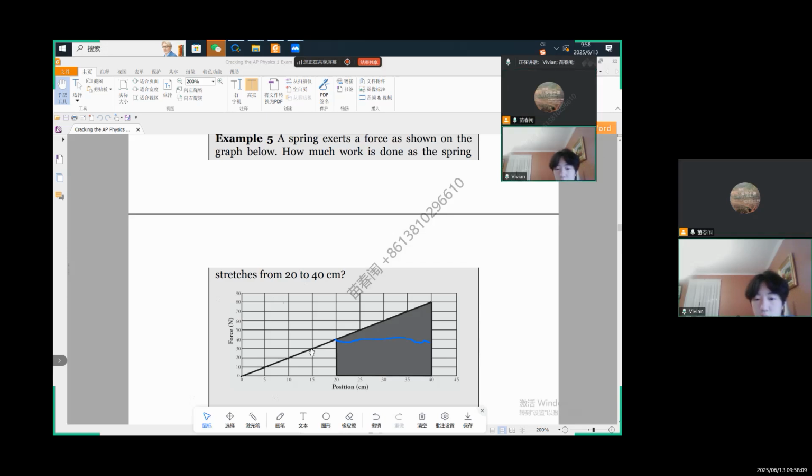20 times 40, and then this height from here, 40. It's also 40 by 20. Okay. So 20 times 40 is 800.